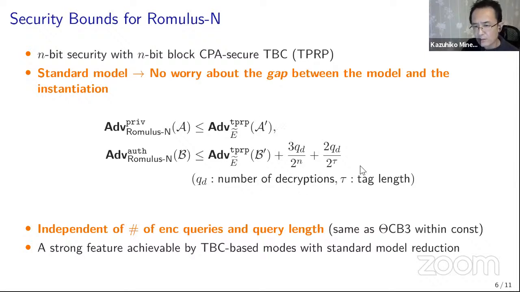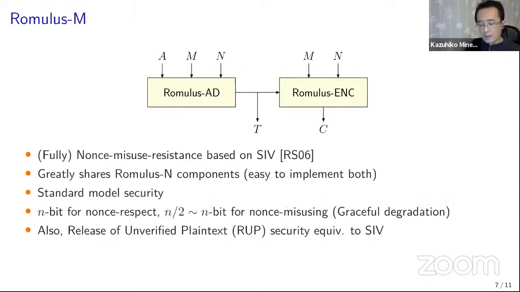This is a very strong bound, and this strong feature is achieved by the TBC-based mode's standard model reduction. So Romulus-M is a nonce-misuse resistant structure based on SIV, and it greatly shares the Romulus-N components, so it's easy to implement both. It has standard model security as well as the N variant.